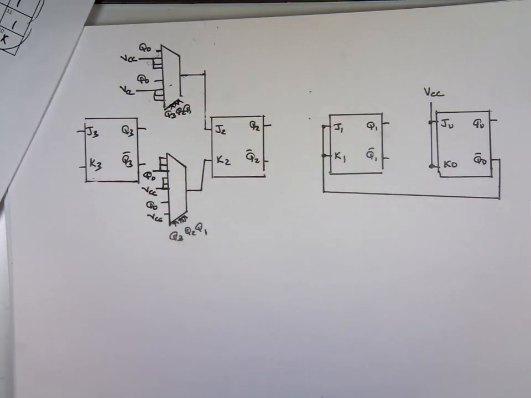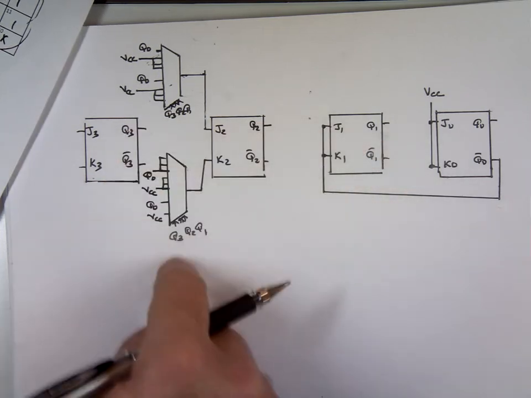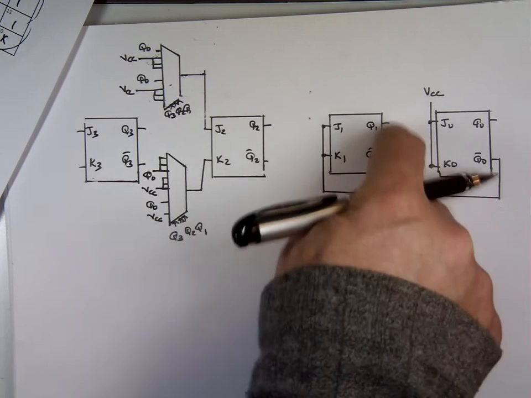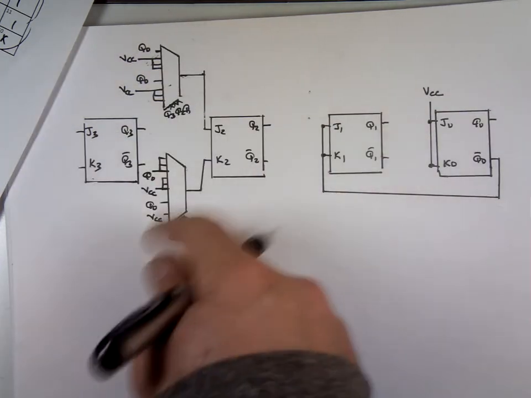Again, when I say Q3, Q2, Q1, you're going to attach this one, that one here, and Q0 is this one. And if there's Q0 not, we attach that one to it. I'm not running the wires to it.